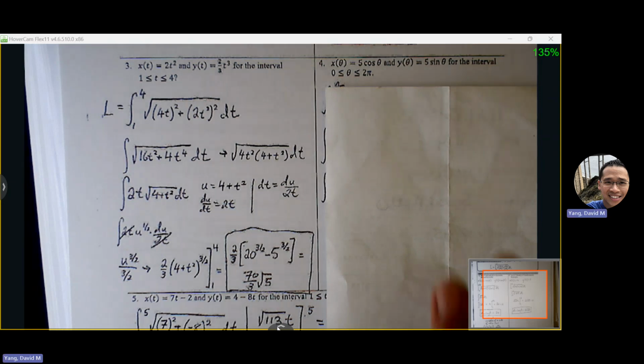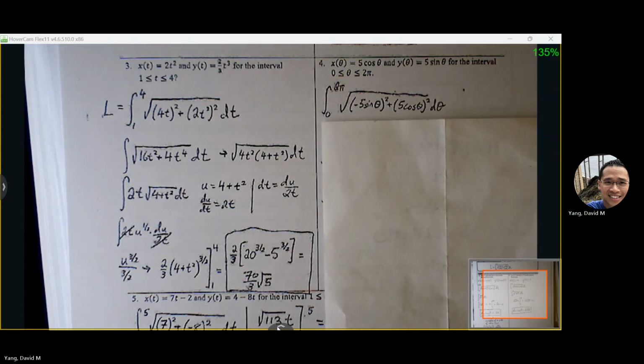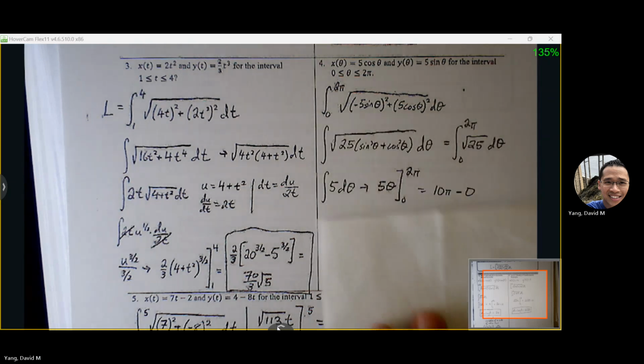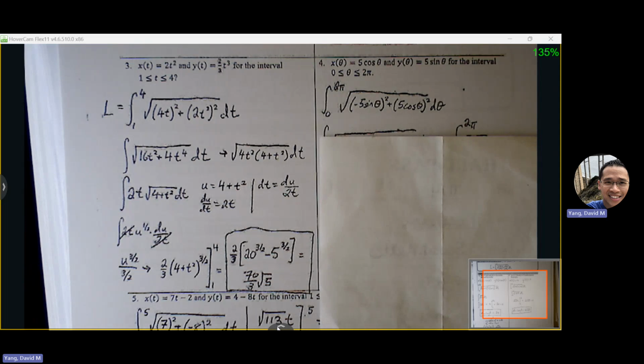Right, number 4. Yeah, we should be able to rely on our trig identity to help us out with number 4. Sine squared plus cosine squared equals 1.